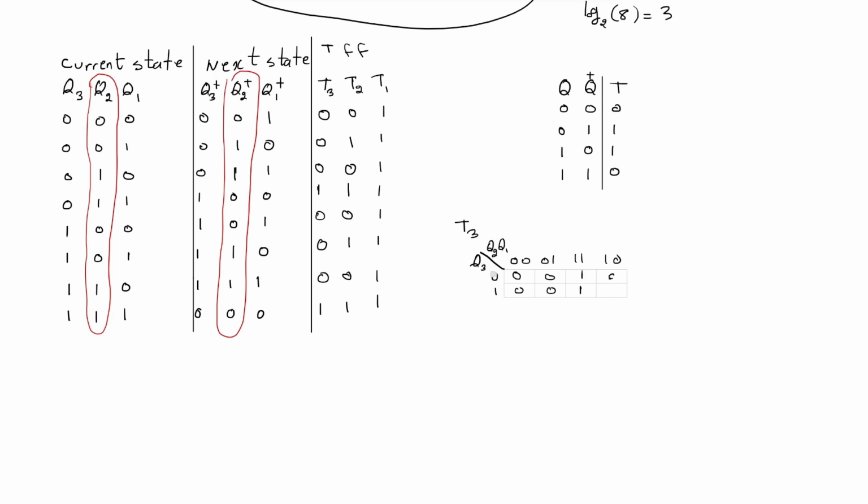So now let's group the ones together. Very easy, only in this area here. Q3 is changing from 0 to 1, so we're not worried about it. And then we have Q2, Q1 are both 1s. So now we can write T3 is equal to Q2 Q1.